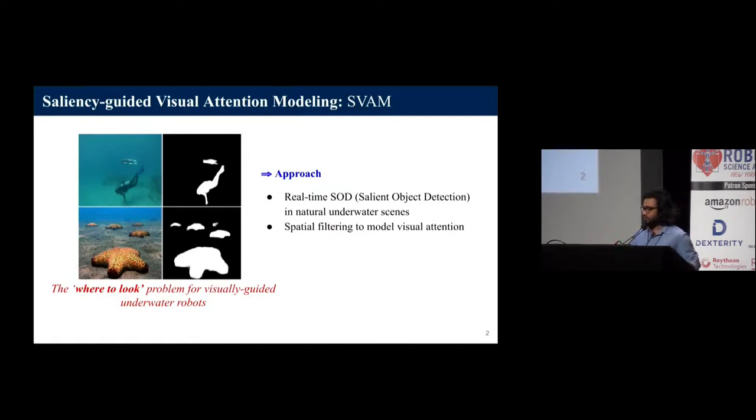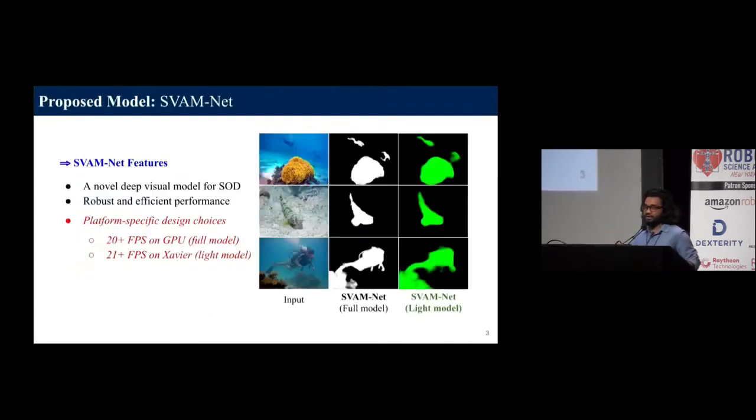Towards solving this problem, we adopted the salient object detection problem and proposed a novel deep visual model named SVAMnet. The SVAMnet not only achieves state-of-the-art performance, but more importantly, it provides platform-specific design choices. So it provides a full model for high-end GPU use and a light model for robot deployments.